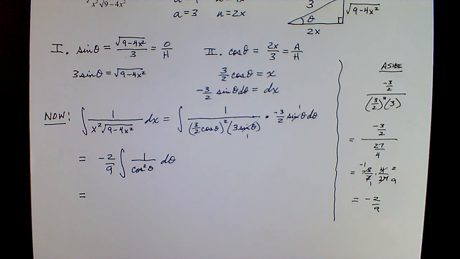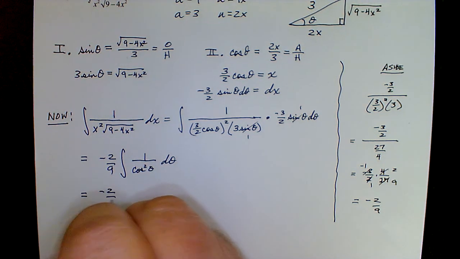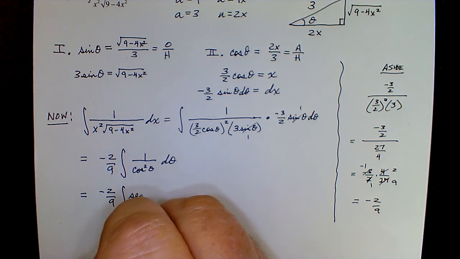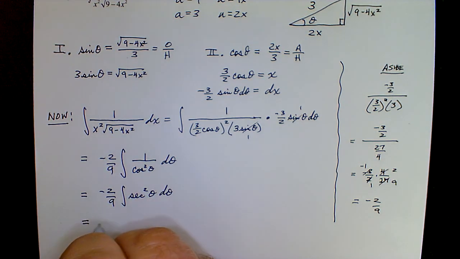Sometimes you'll have to actually change everything to sines and cosines. That's a hint for the exam. But here, 1 over cosine is secant. And therefore, 1 over cosine squared is secant squared theta. And secant squared integrates to be the tangent of theta.